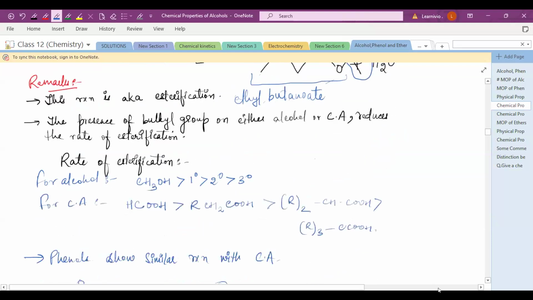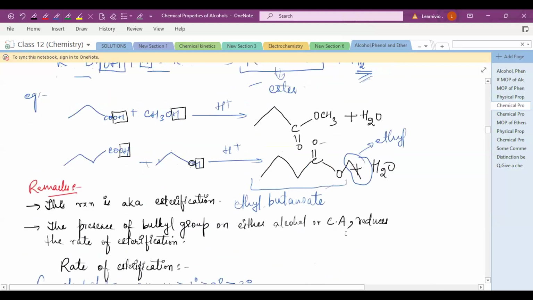So here you can see what an esterification reaction is. You have already learned this reaction in earlier classes, like your 9th and 10th standard, right? An esterification reaction is one in which carboxylic acids are treated with alcohols, and they form an ester.